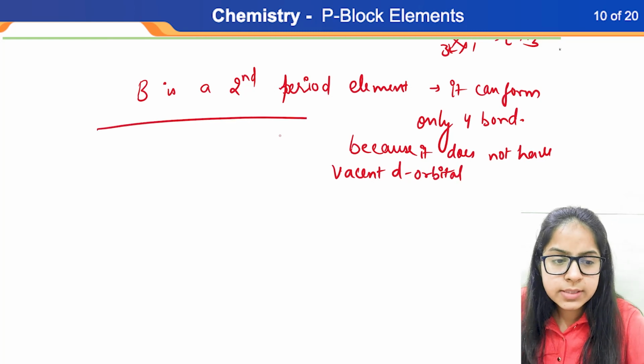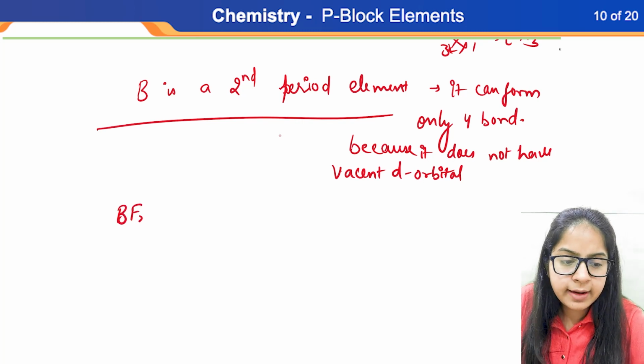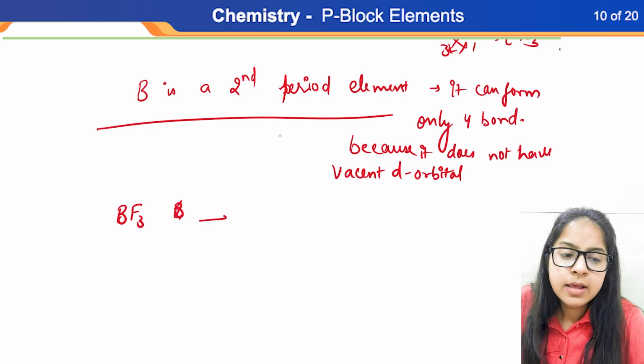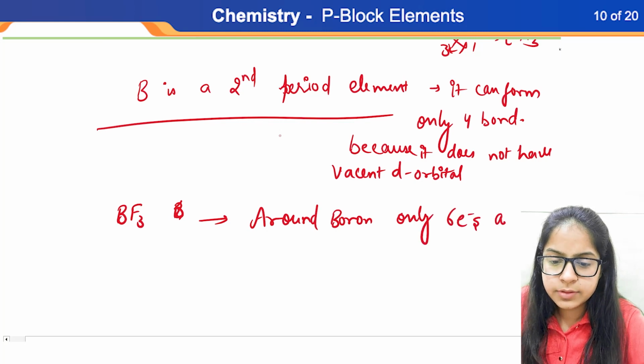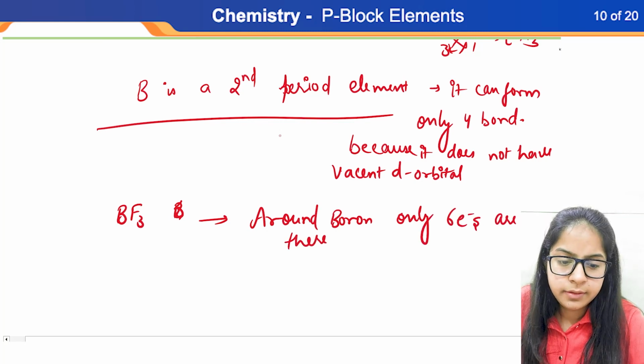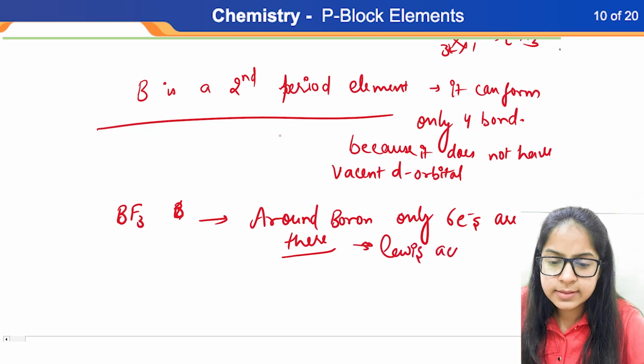Now, this is according to boron. Now, why does boron trifluoride act as a Lewis acid? Boron trifluoride will act as a Lewis acid because around boron only 6 electrons are there. That's why it will act as Lewis acid.